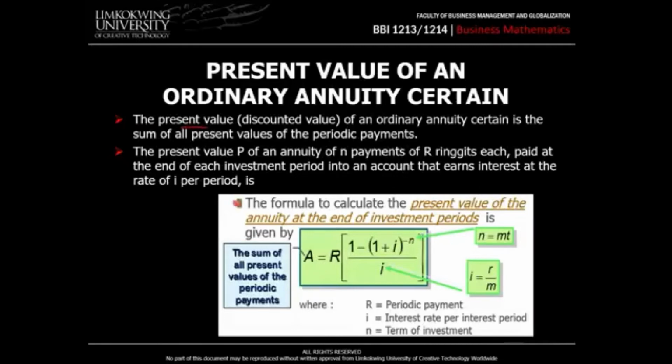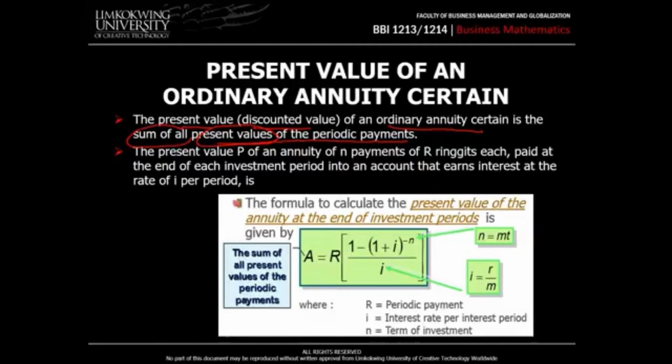The present value, also known as the discounted value of an ordinary annuity certain, is the sum of all the present values of the periodic payments. Present value is actually the original value that we learned previously. But when it comes to the ordinary annuity certain, it means you have to pay in sequence at the given interval with the same amount.